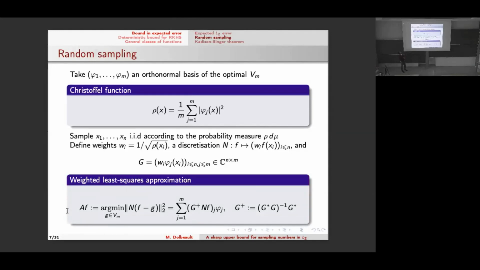Okay, so now how will I choose the points, which I said was the difficult part? Well, in fact, I will start by picking them IID. That's the simplest thing I can do, and it already works pretty well. IID, but not according to the measure mu.